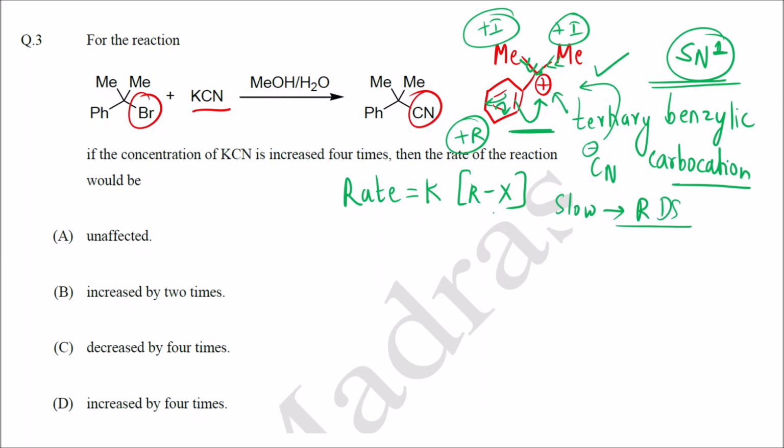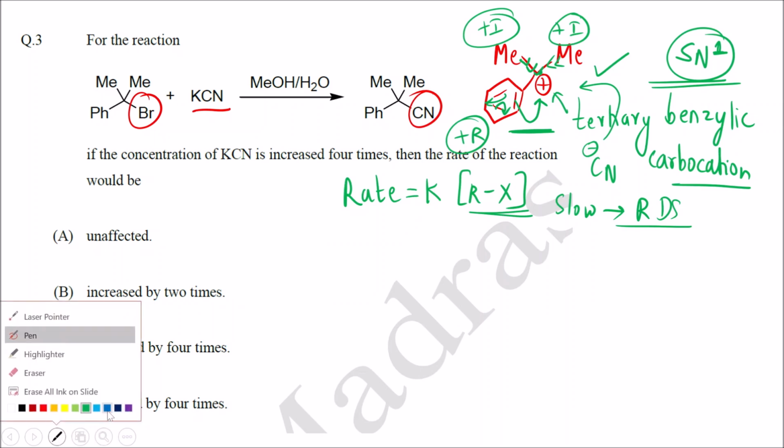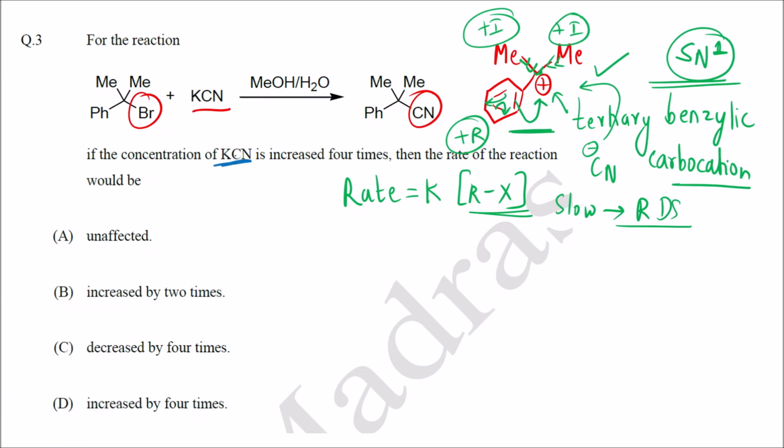Only which reactant is present? Alkyl halide. Now what they are saying is, you increase the concentration of KCN. KCN is the nucleophile. You increase this by 4 times. Is the nucleophile present in this rate equation? No. So if you increase the concentration of nucleophile, the rate will be unaffected, because it is an SN1 reaction.